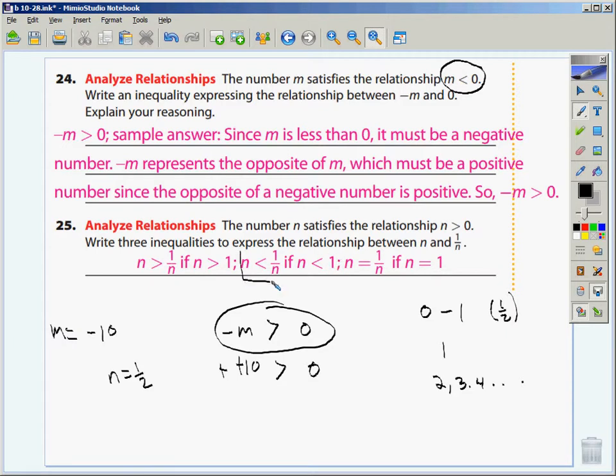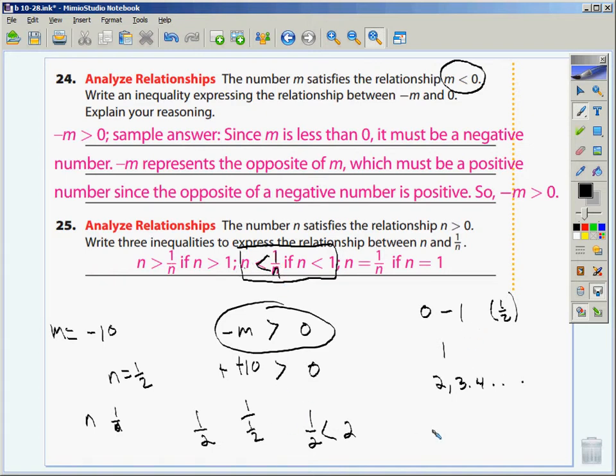If I let n be less than 1, and I'm comparing n to 1 over n, I'd have 1/2 compared to 1 over a half. If I keep change flip, I'm comparing a half to 2. Which one's greater? Obviously 2 is bigger, which is why it says that n would be less than 1 over n.